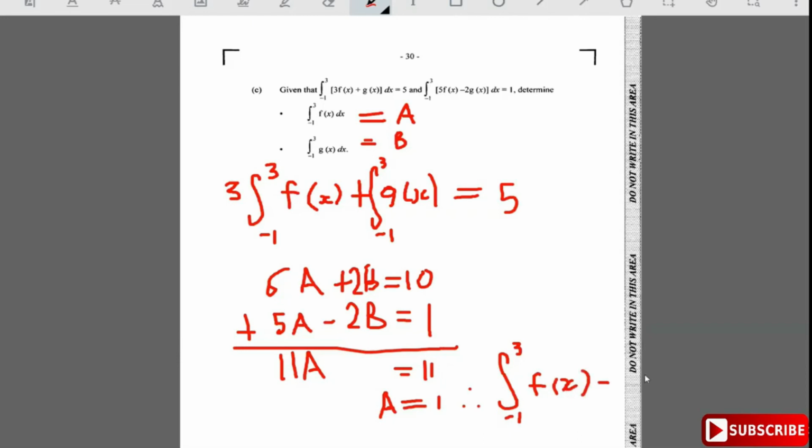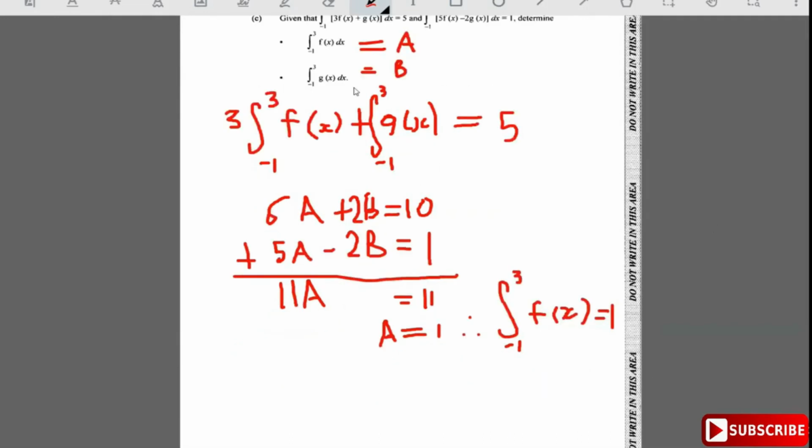Now that we have that out of the way, we're going to find out what b is. To find b, we plug a into the simultaneous equation, so 5a, that means 5 times 1, which is 5, minus 2b equals 1.